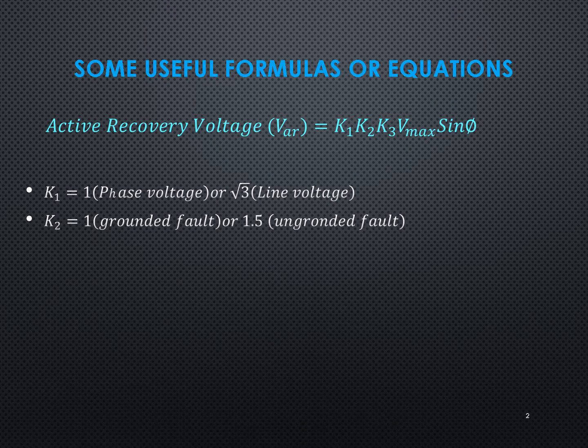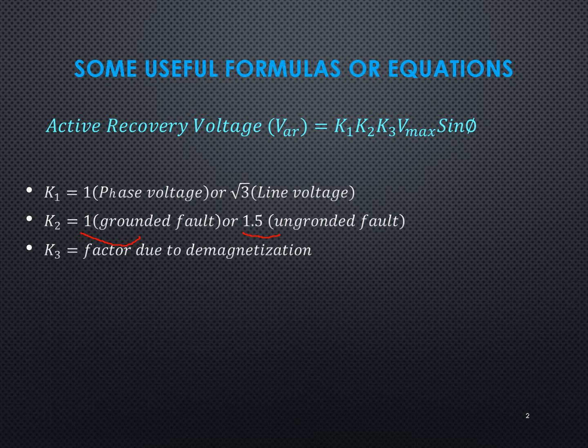What is the value of K2 and on which factor does it depend? If the fault is a grounded fault, the value of K2 is equal to 1. Grounded fault means line to ground fault, double line to ground fault or triple line to ground fault. For an ungrounded fault, the value is 1.5, like line to line fault or triple line fault.